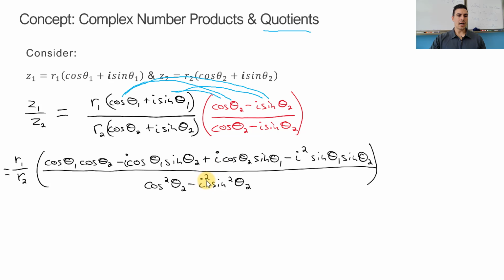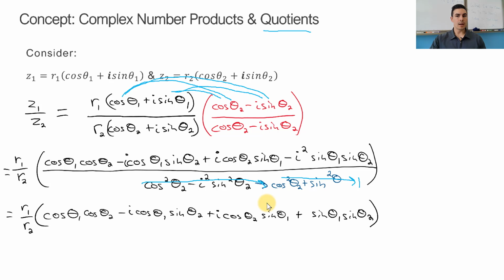Now we know what i squared is. That is just -1, right? So my denominator is actually going to simplify to cosine squared theta 2 plus sine squared theta 2, which we know simplifies to 1, right?